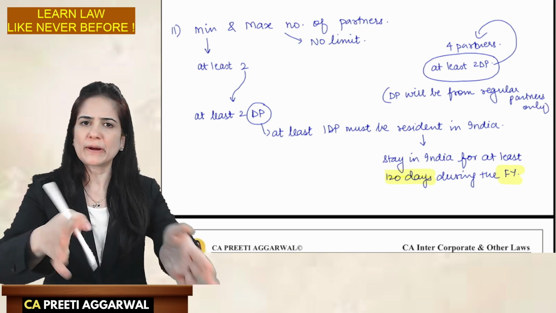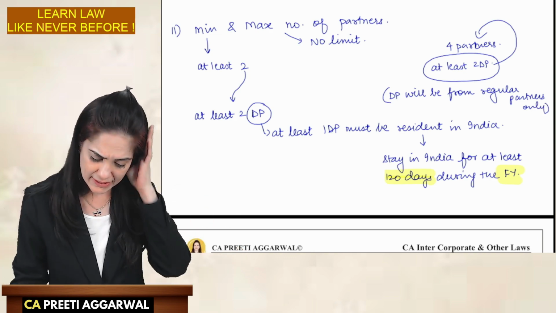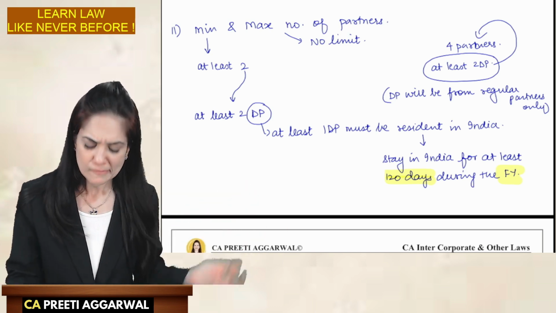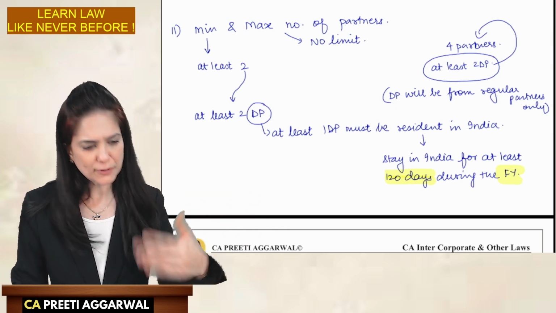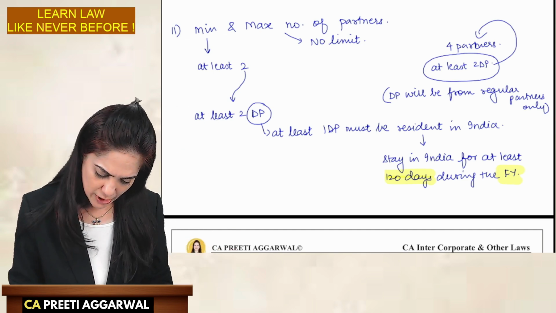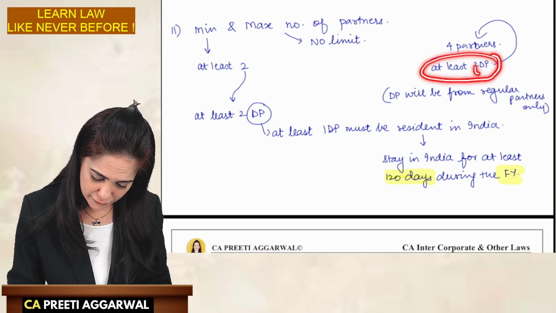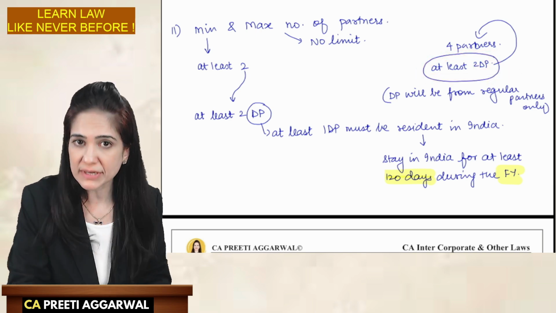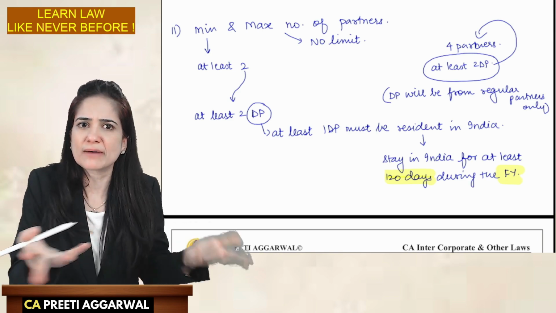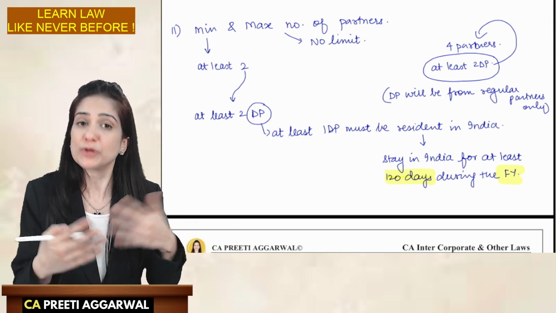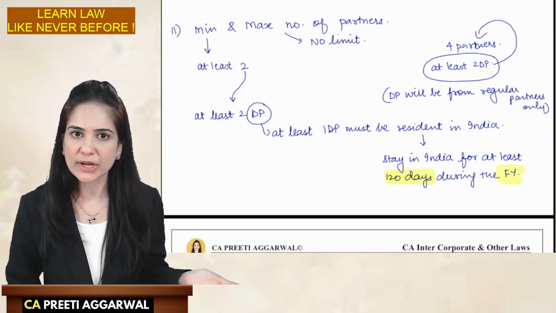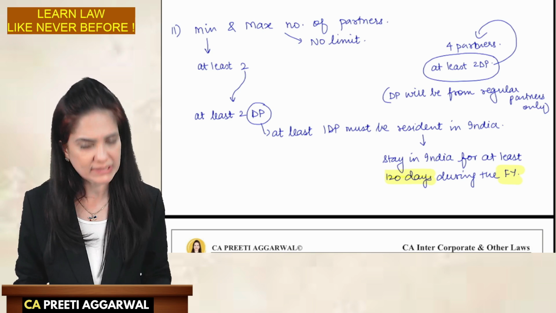So you are a regular partner, you are also designated partner. So out of these 4, any 2 will also be the designated partner. Out of these, at least 1 should be resident in India. You should be in India. If something goes wrong, we should find someone to communicate. At least 1 person should be in India so that we can hold him responsible. We can communicate with him easily why these returns are not filed, etc.